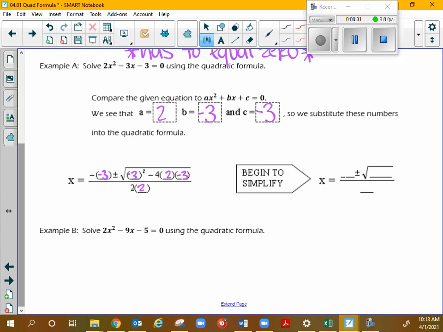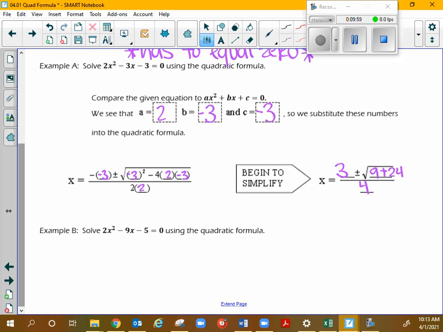Just 3. Plus or minus the square root of -3 squared, 9, -4 times 2 times -3, plus 24, because those negatives canceled out, right? So plus 24 all over 2 times 2, or 4.